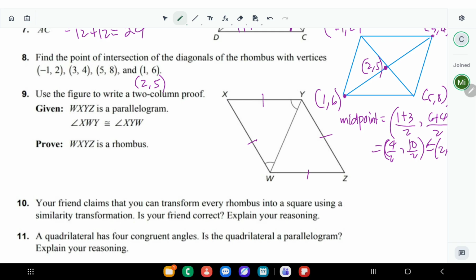Okay, so you write the given for your 2-column proof. Then you can write here XY is congruent to XW. The reason would be congruent angles.